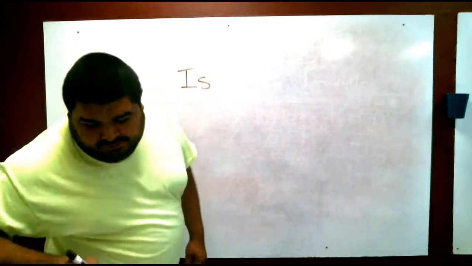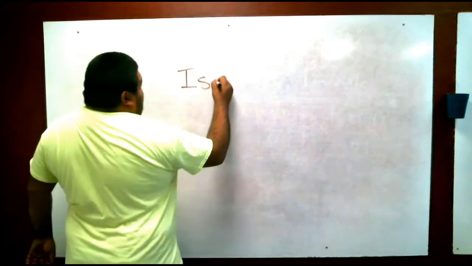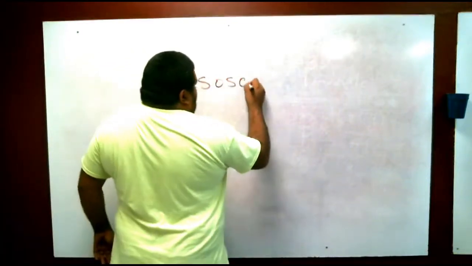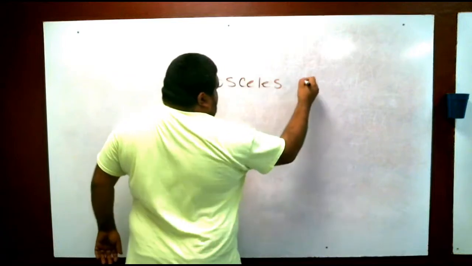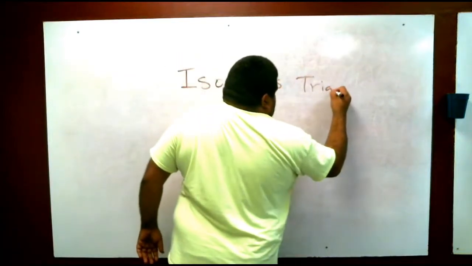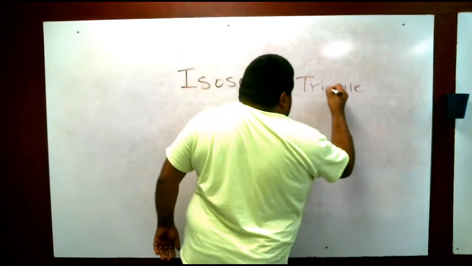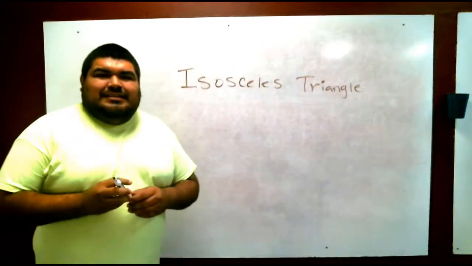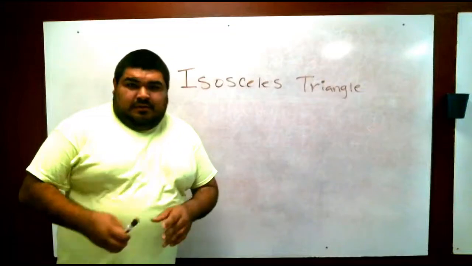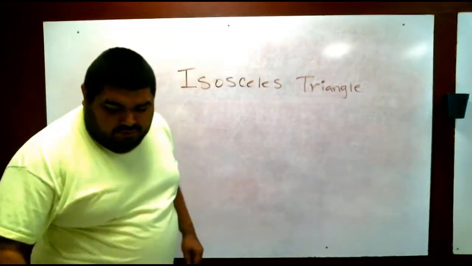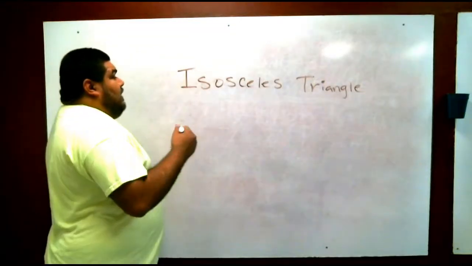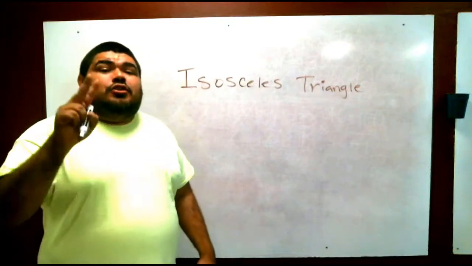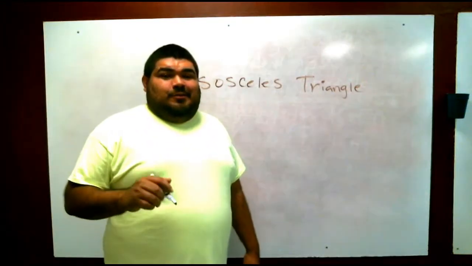Oh, the marker's almost going. An isosceles triangle. This marker's trash, since it's almost going to go. An isosceles triangle is a triangle that has 2 sides that are the same, okay?